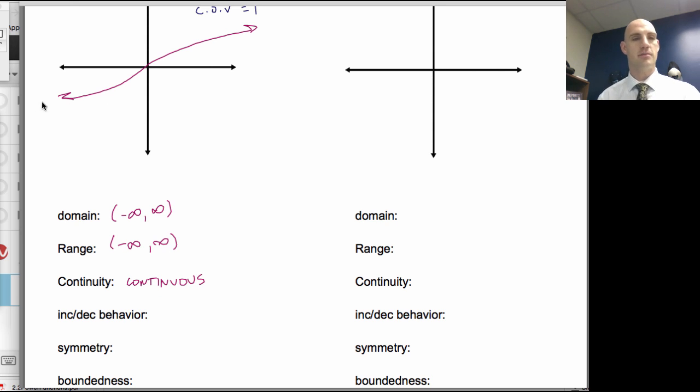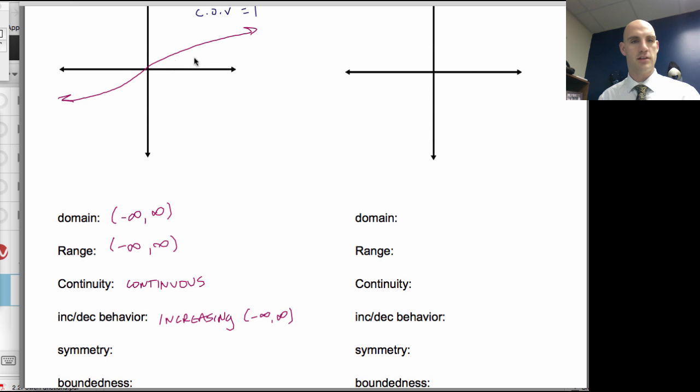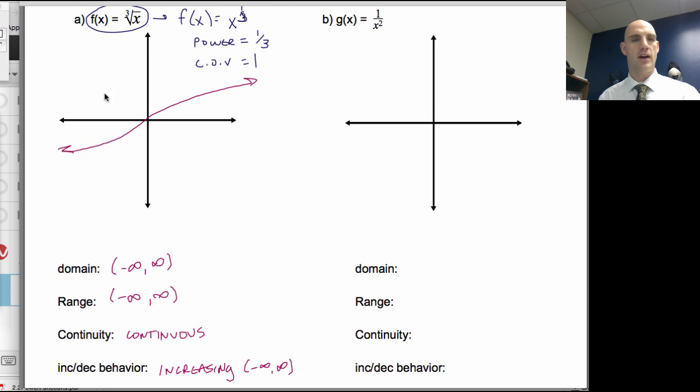Increasing and decreasing behavior. As I move to the right, what is the general trend of my curve? Well, as x moves to the right, meaning x increases, y also increases. So it's increasing from -infinity to infinity. Symmetry. Well, let's see what we've got here. It's not symmetric with respect to the y-axis.